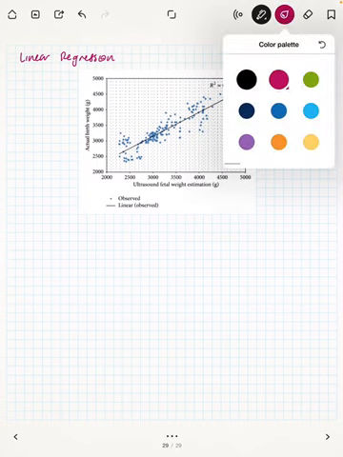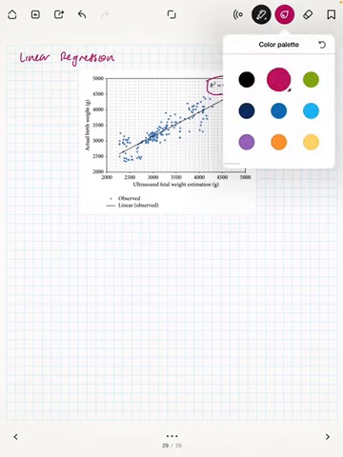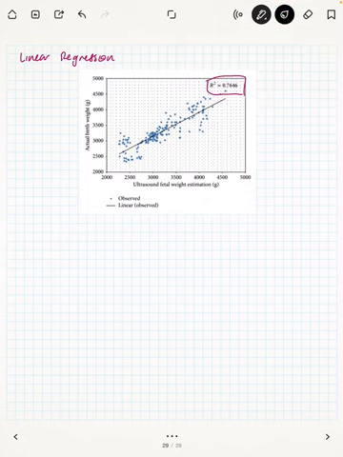Now, I want to call your attention to this piece right here. So often when you encounter a scatter plot with a regression line, they're going to give you the R-squared value. And just to remind you, what they call R-squared is also known as the coefficient of determination.